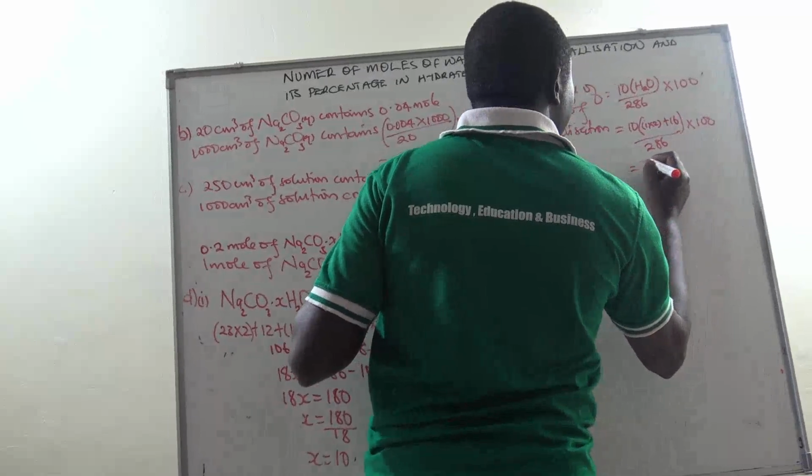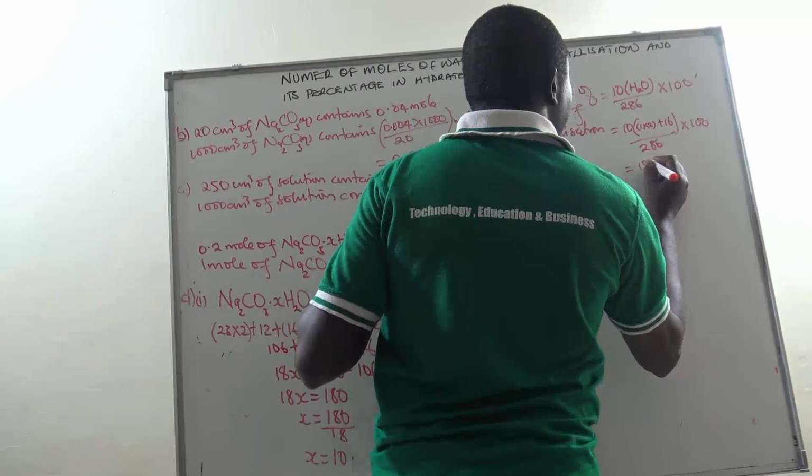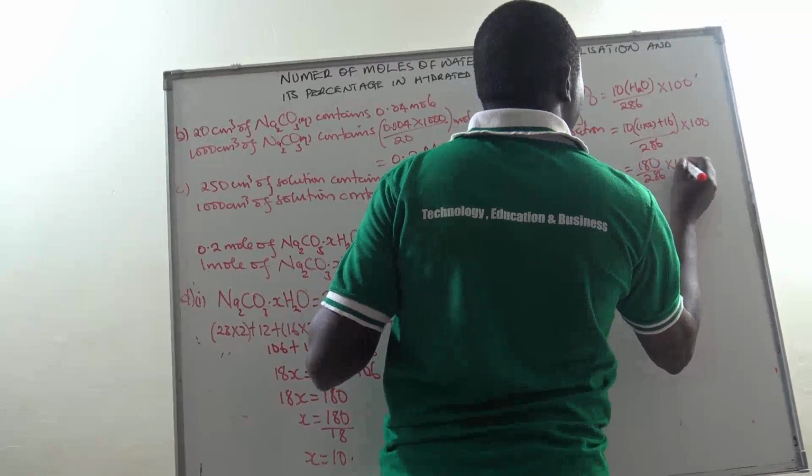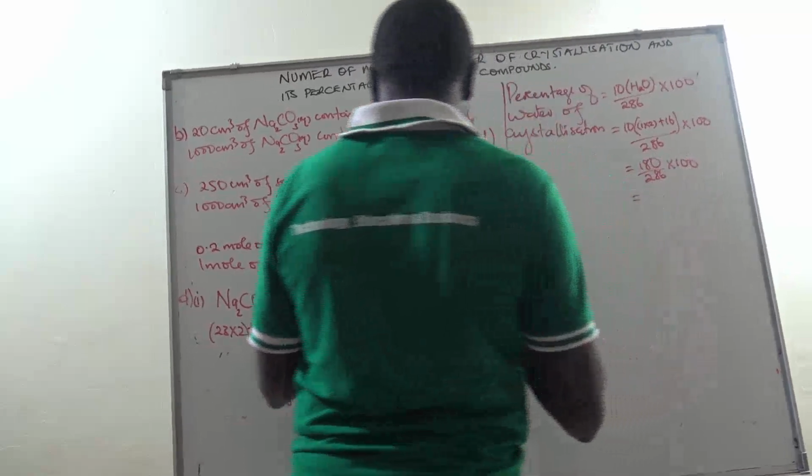So this one is 180 over 286 times 100. And let's see what we get from here.